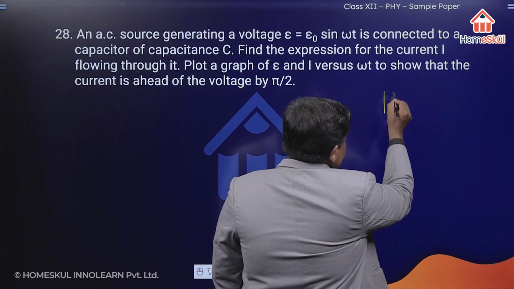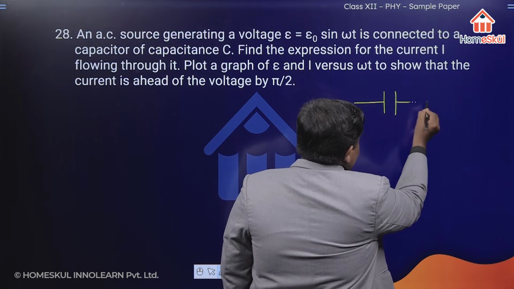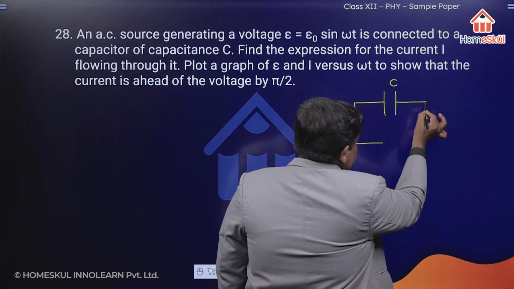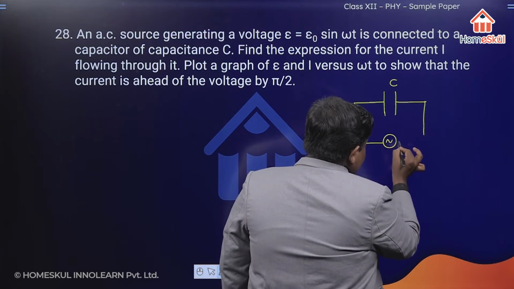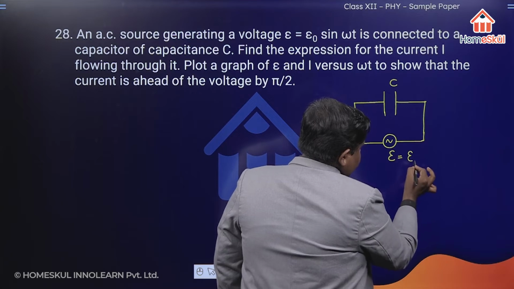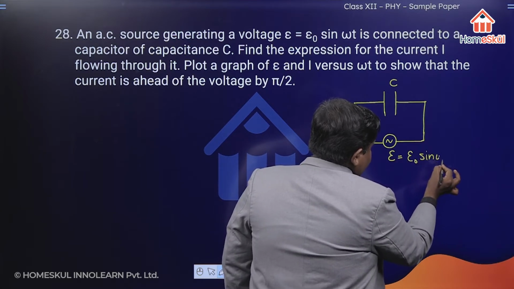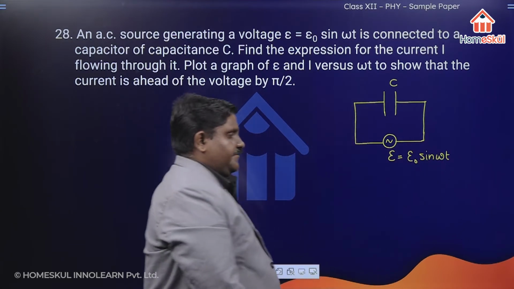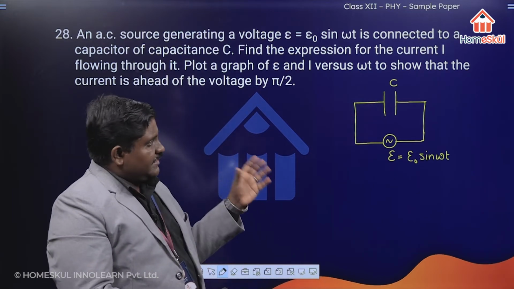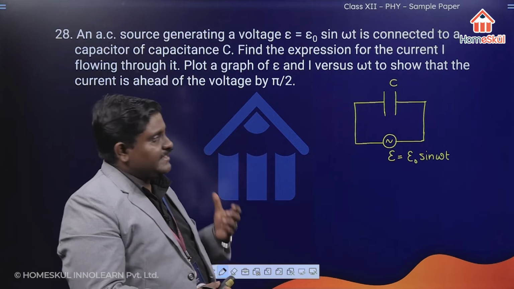First of all, we have to draw the diagram. This is the capacitor having capacitance C. Its two ends are connected to an AC source having EMF E equal to E0 sine omega t. When we apply this voltage across the capacitor, there is an accumulation of charge inside the capacitor.